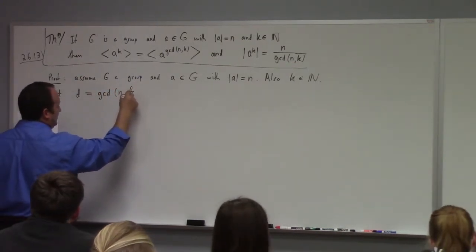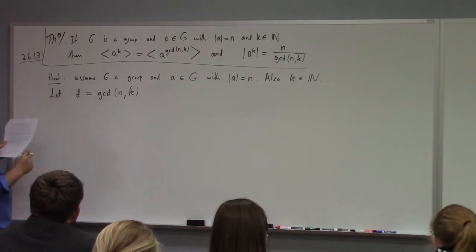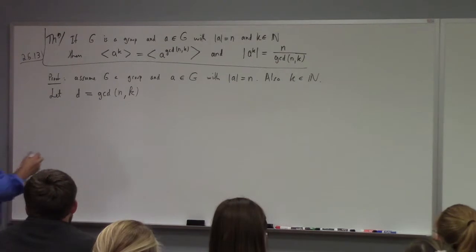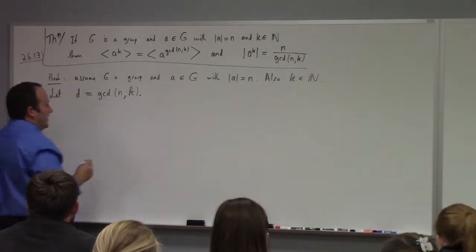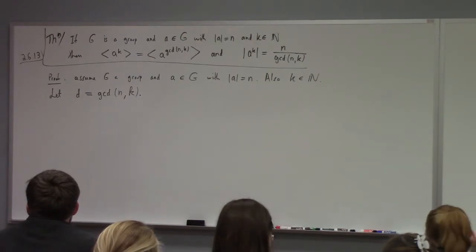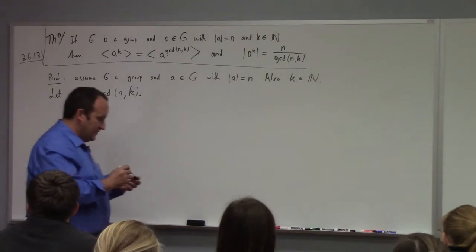We know that exists because, well, we've studied integers, right? Now, if d is the greatest common divisor of n and k, in particular, d is a what? That means d is a divisor of both n and k. What's that mean?